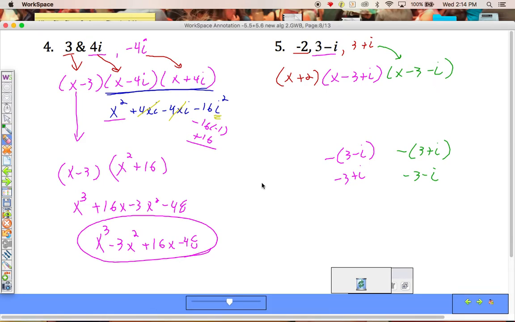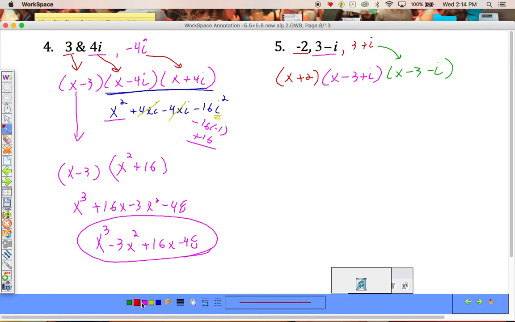All right, now I'm still going to FOIL. And I'm going to do the back two first. I'm going to take x times everything in the back. I'm going to take a negative 3 times everything in the back. I'm going to take an i, multiply it times everything in the back.